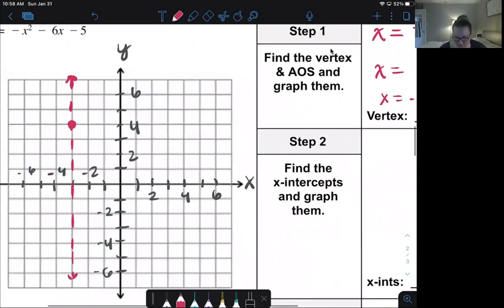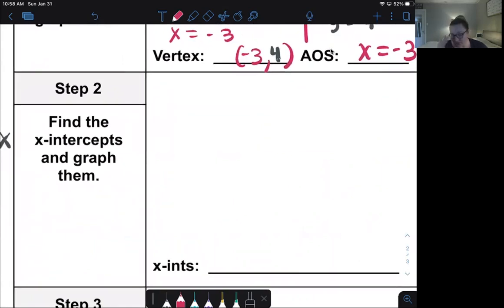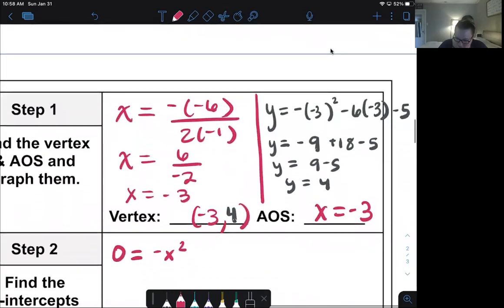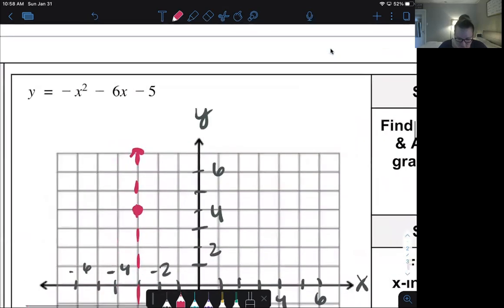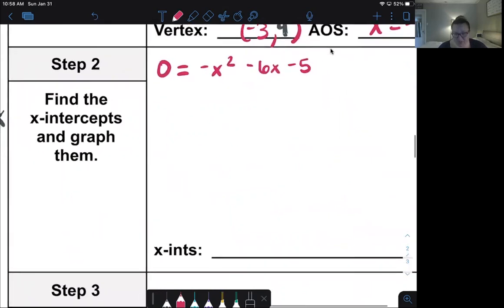All right, now I need you to find your x-intercepts and graph them. So don't forget, you need to plug in 0 for y. What's our equation? y equals -x² minus 6x minus 5, right? Yeah. Plug in 0 for y. You can factor it. You can plug it into the quadratic formula. You can complete the square. Whatever you want to do is fine.